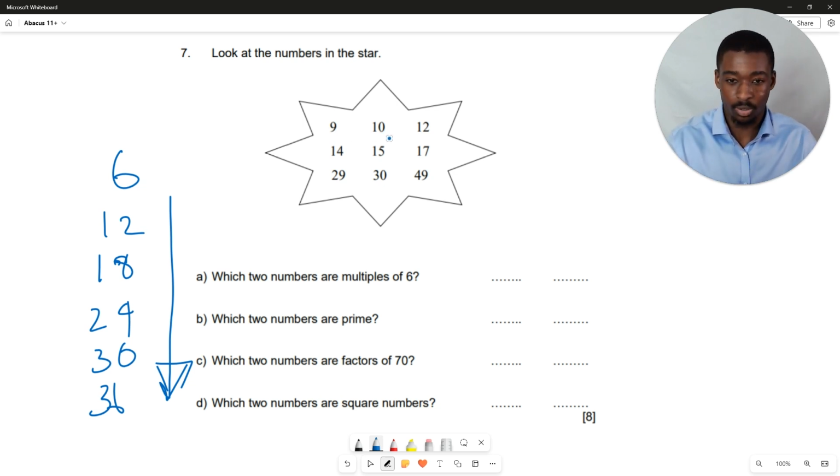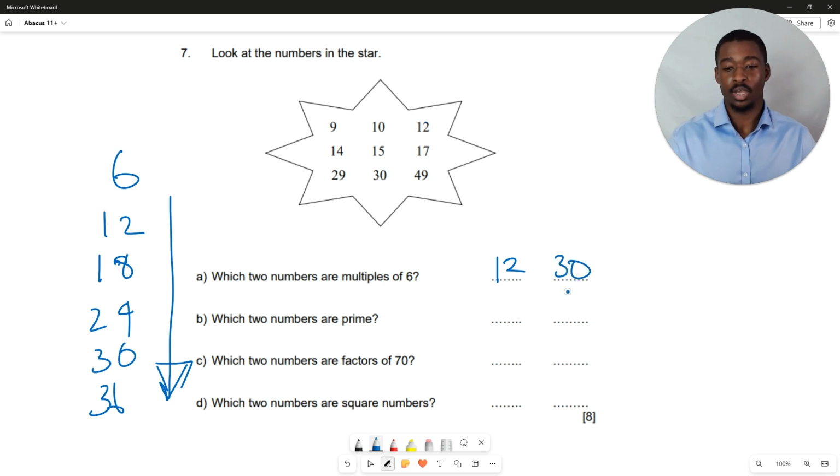So 9, no. 10, no. 12, yes, 6 times 2. So we have 12. And we already know here, we're looking for 2 numbers, right? We have 2 gaps. So the question is giving us a clue. So let's find the second one. And if you look carefully, it should be 30. Why? Because 6 times 5 is 30. So those are our 2 multiples of 6.